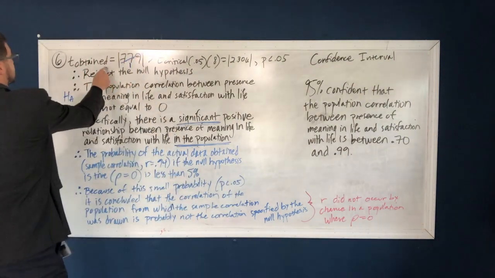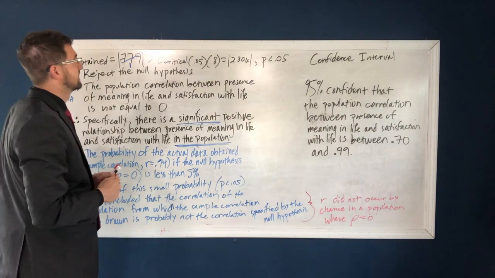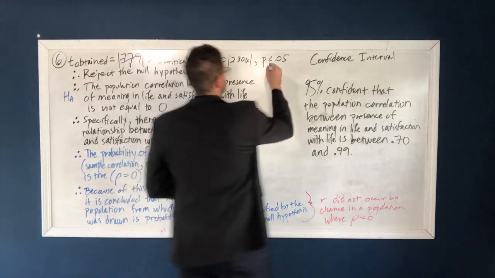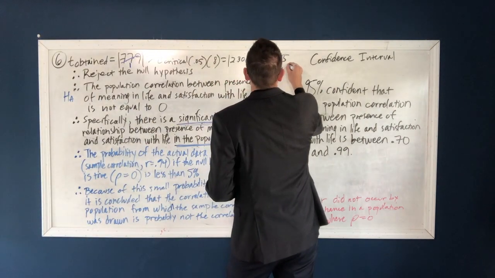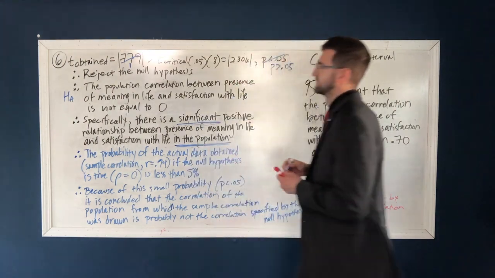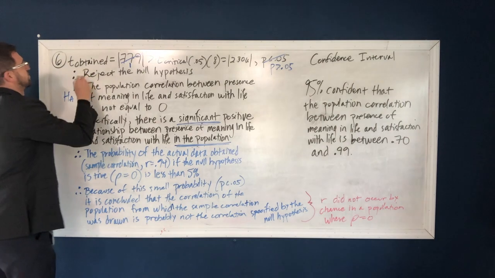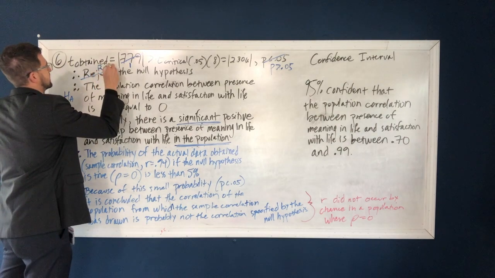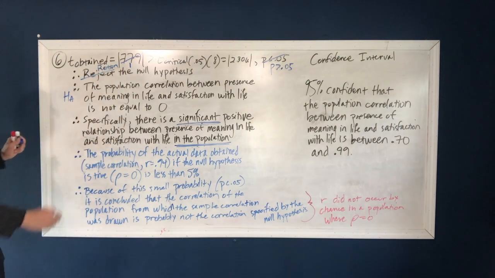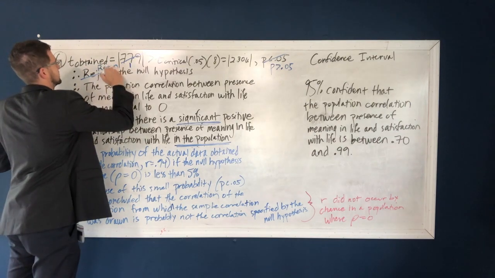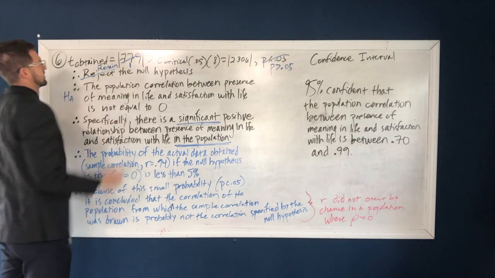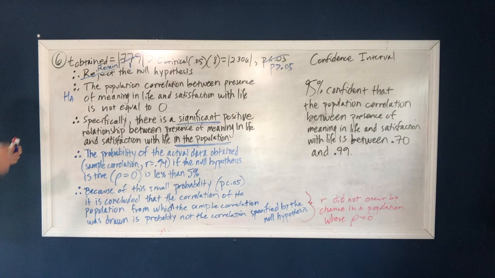Okay, so if our t obtained was 1, and our t critical is the same, of course, p would be greater than 0.05. Since p would be greater than 0.05, we would retain the null hypothesis.